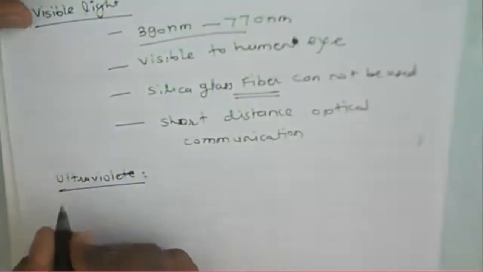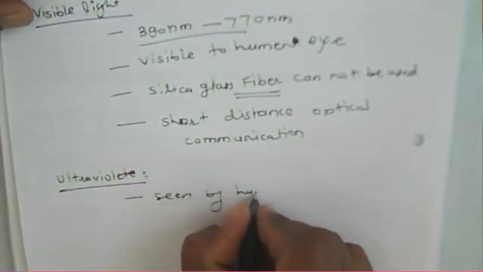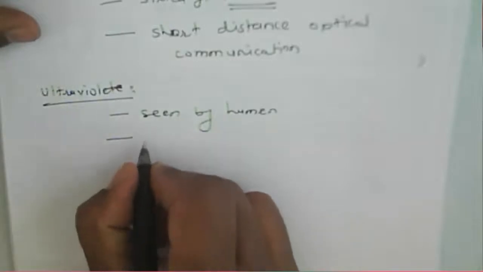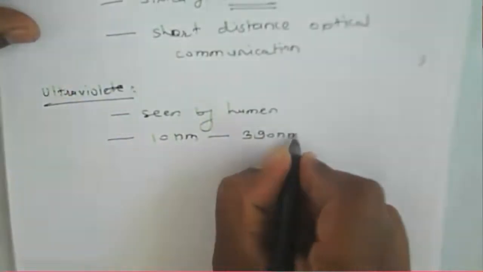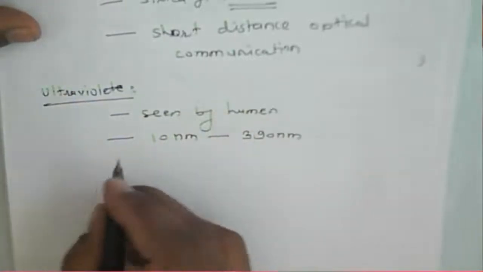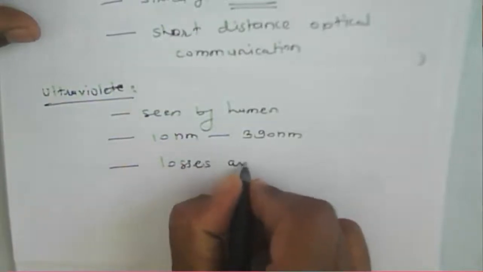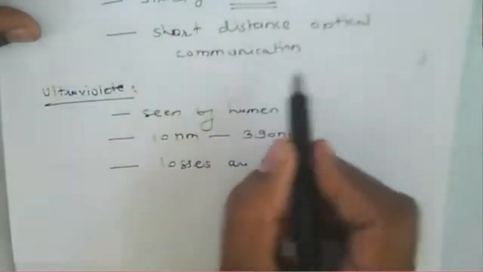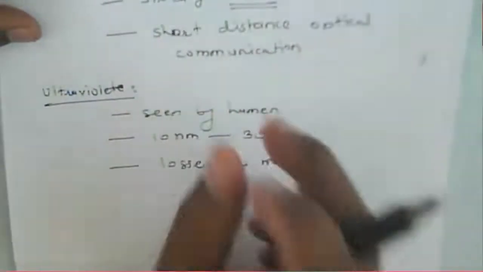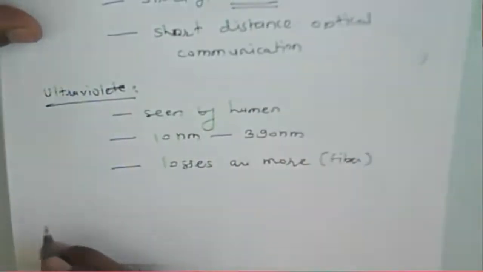Then next, ultraviolet. Ultraviolet light cannot be seen by the human eye, and the range is about 10 nanometer to 390 nanometer. But here the losses are more, the same fiber losses are there.